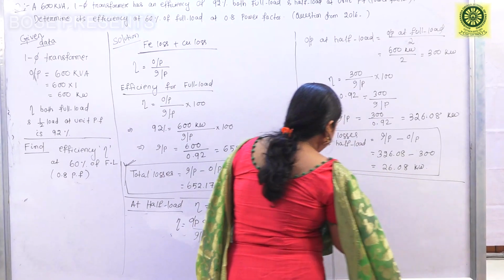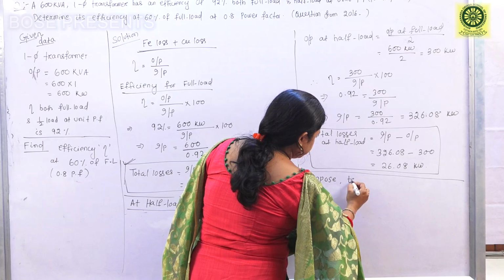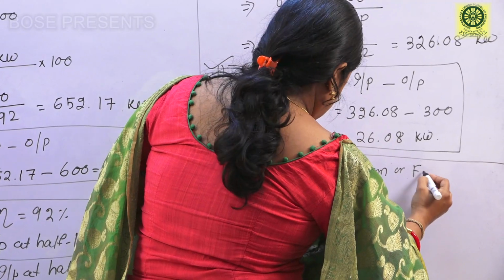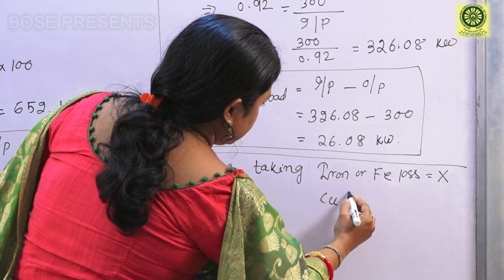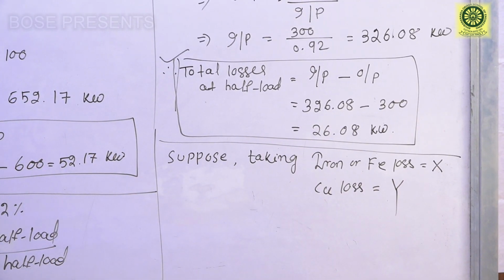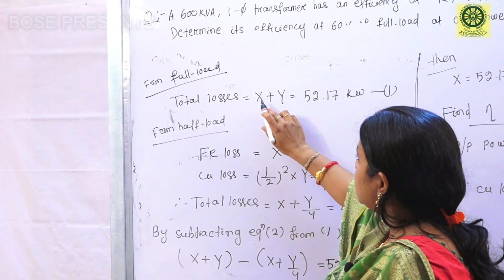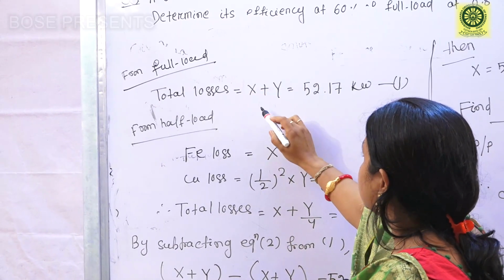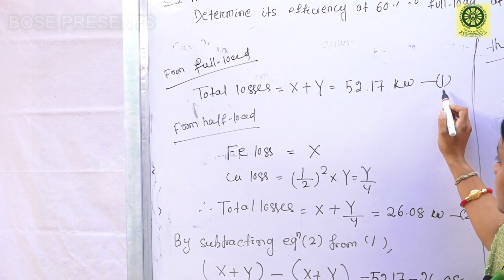Suppose we take the iron loss, or Fe loss, is equal to X, and the copper loss is equal to Y. The total losses from full load are X plus Y, which is equal to 52.17 kilowatt, which is equation 1.